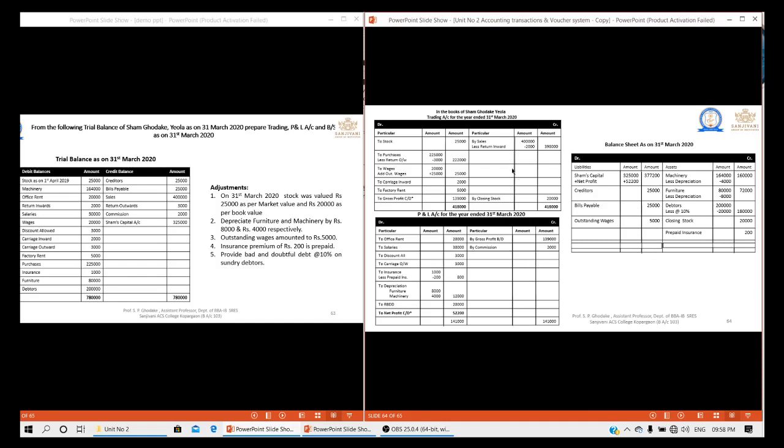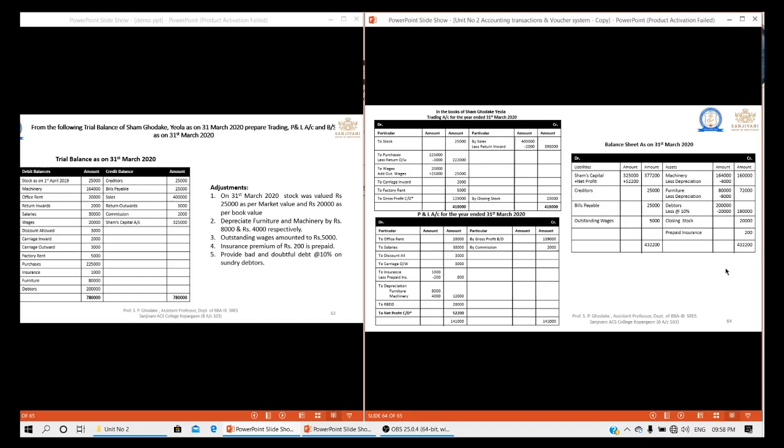Once we have done with all the adjustments and the castings, the final step is doing the tally of the balance sheet. If the debit, that is the liabilities, equals the assets, it means that our numerical is correct. Here the total is 4,32,200 on both sides, that is liability side 4,32,200 and asset side 4,32,200, and it is clear.